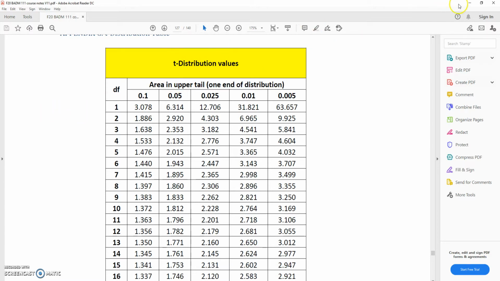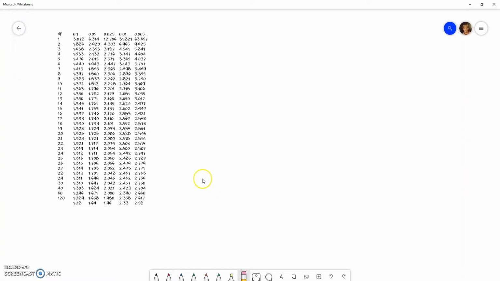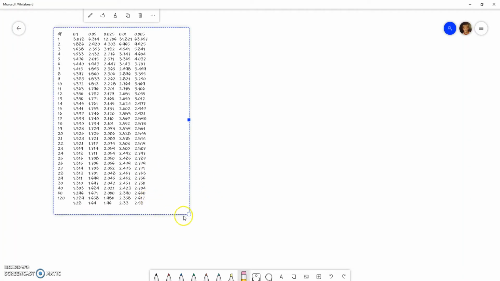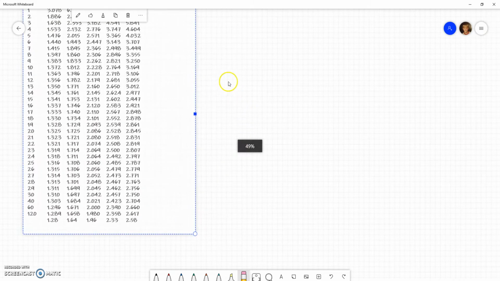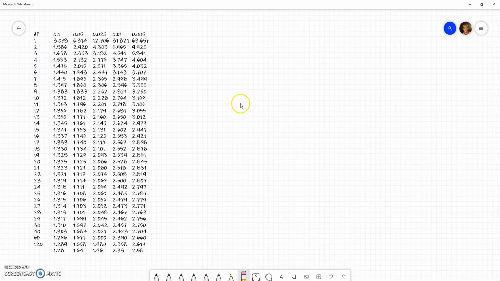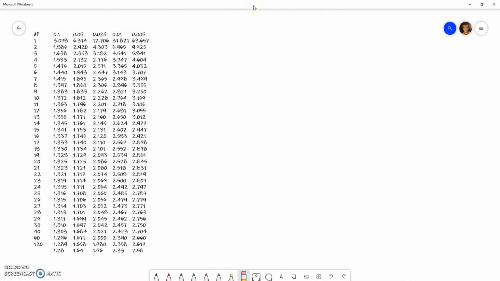I'm going to copy this and paste it into the whiteboard. Let's make that a little larger. There we go. So we have values on the top, let's do that in red.